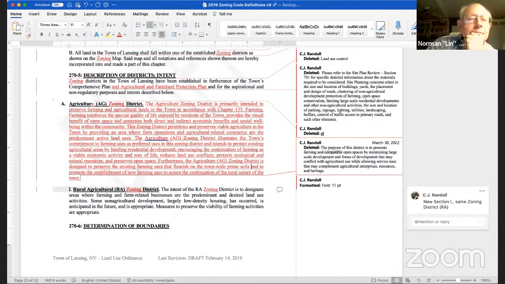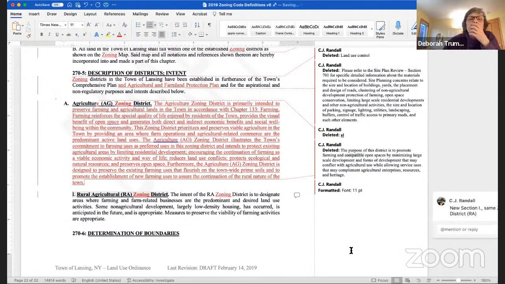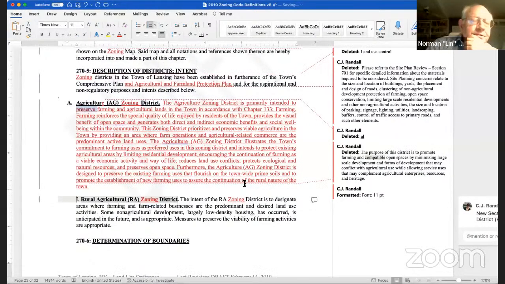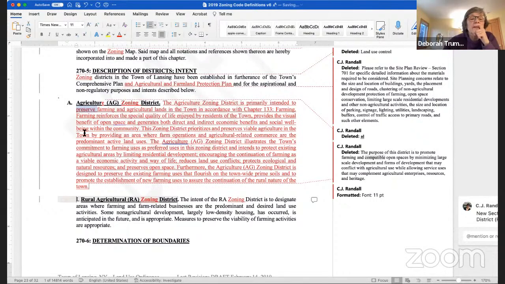I would also look at the word preserve versus conserve, because preservation sounds forever. Life isn't forever. You're getting philosophical tonight.